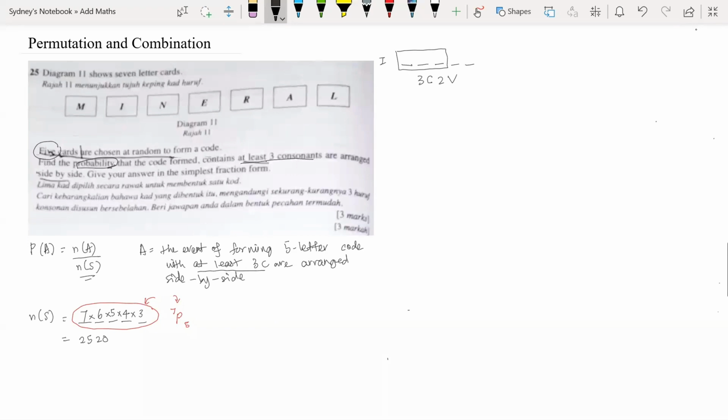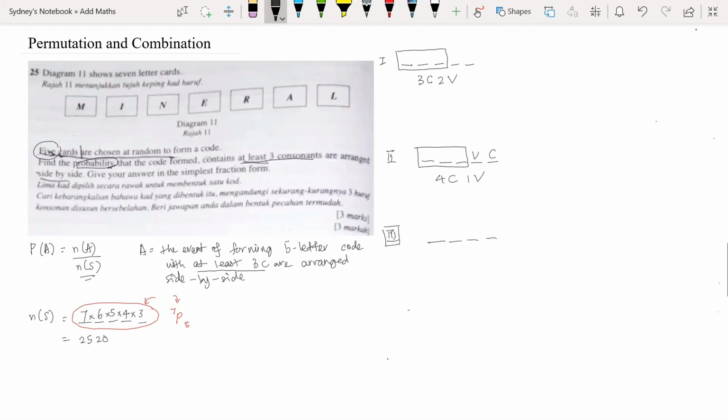The second case scenario is 4 consonants and 1 vowel, whereby only 3 consonants are arranged side by side. Because it says at least 3 consonants arranged side by side, we may have 4 consonants, but only 3 that are arranged side by side. So in this case, the V has to be in the middle, and another C will be on the other side.